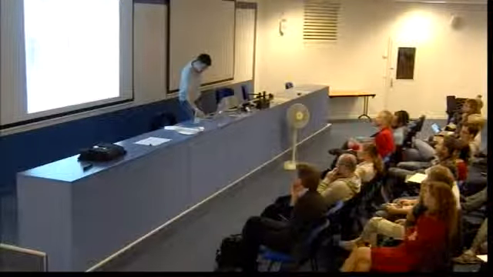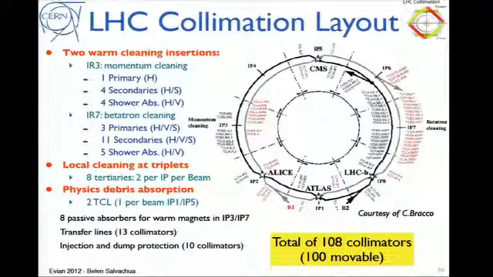Right, which brings me to the collimator section. I think Belen was here, so this is swiping her slides. I won't go into too much detail. 108 collimators, lots out in 0.7, 0.3, and then around either side of the experiments. And you see these are going to come in and mop up the beam. The idea is these mop up the beam before anything else does.